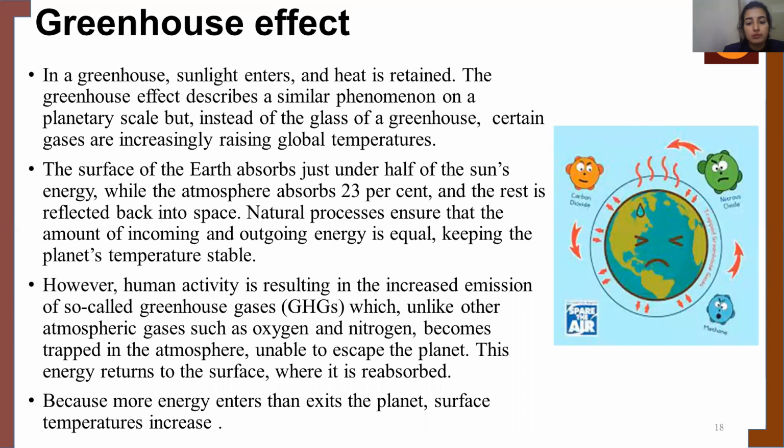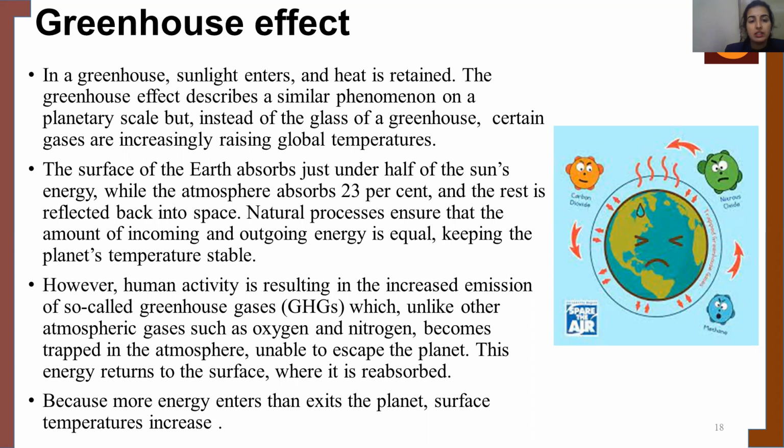Global warming. When we talk about global warming, before going into it, we need to know what the greenhouse effect is. Well, the greenhouse effect is the way in which heat is trapped in the Earth's atmosphere by the greenhouse gases.